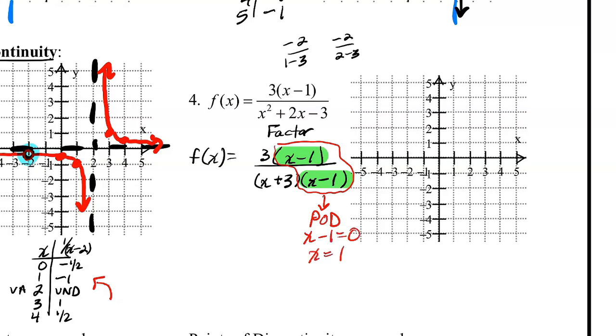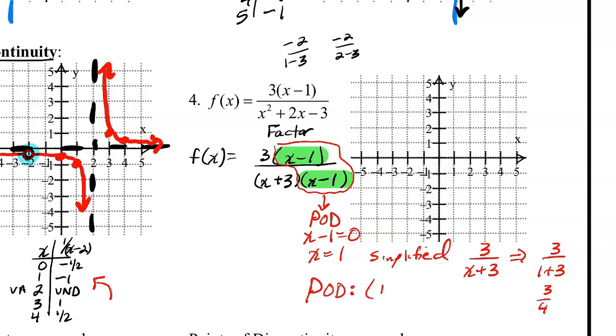And then the simplified version is 3 over x plus 3. So you're going to plug 1 into that. Plugging 1 into that, we would get 3 over 1 plus 3, which is 3/4. So we have a point of discontinuity at 1, 3/4.